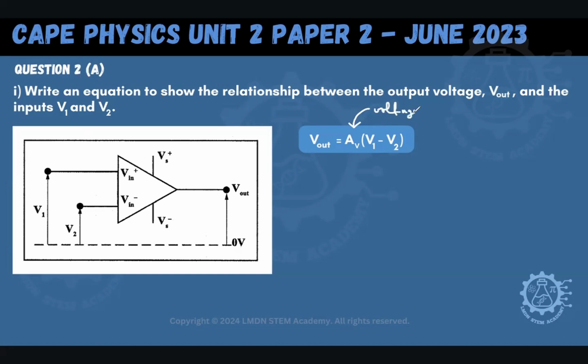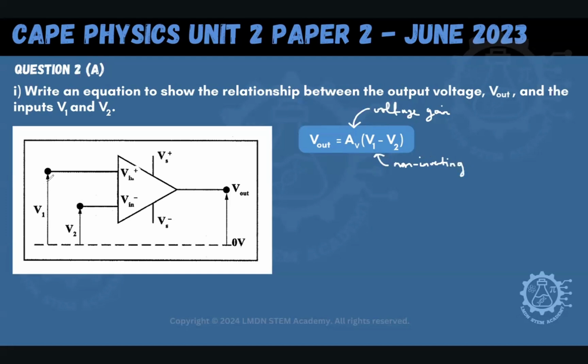That's what AV stands for, voltage gain. And then V1 is the voltage at this input. This is your non-inverting input. That's where it's positive. Whatever you put in is what's going to go through.